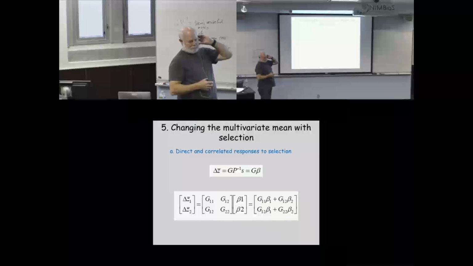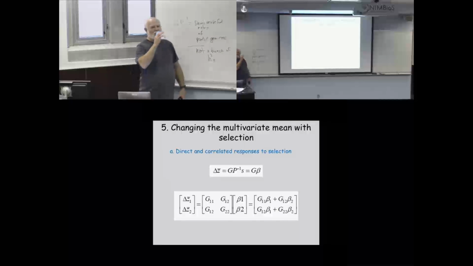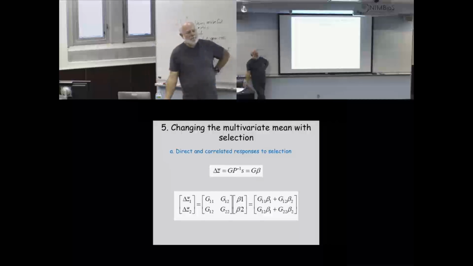But if you were to go out in the field and take a univariate approach from the beginning and just measure heritability and selection on a trait, that heritability and selection would not equal G11 times beta 1. Say it again. If you were to first take just a univariate approach and measure heritability on a trait, selection on the trait, and also evolutionary change in that trait, essentially the Z1, G11, and beta 1.